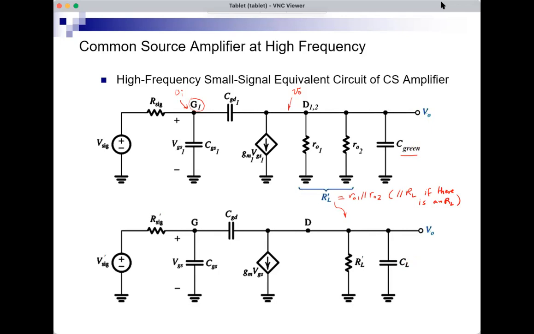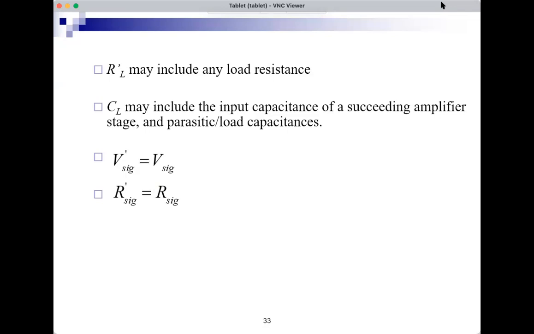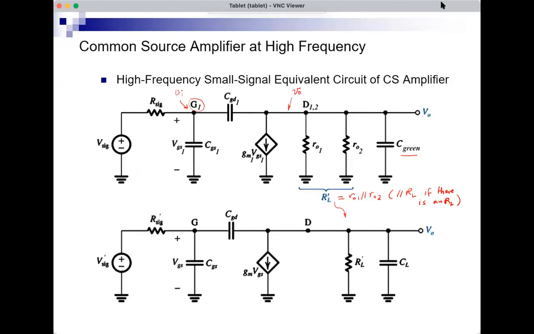It's not too complicated, right? I mean, a couple of resistors, 2 sources, 3 capacitors. I think we can deal with that. So R prime L may include any load resistance. CL may include the input capacitance of the next stage and or parasitic load capacitances. I called V sig, V prime sig, and R sig, R prime sig.